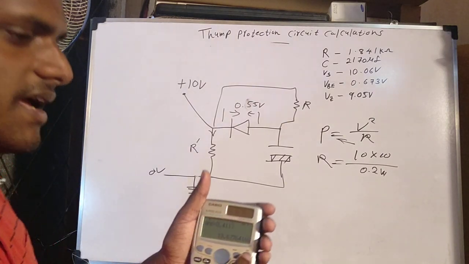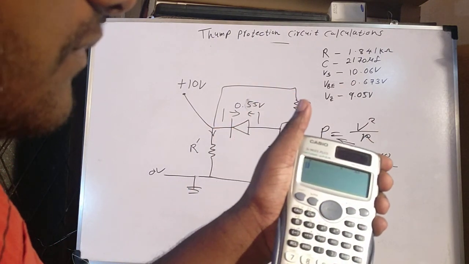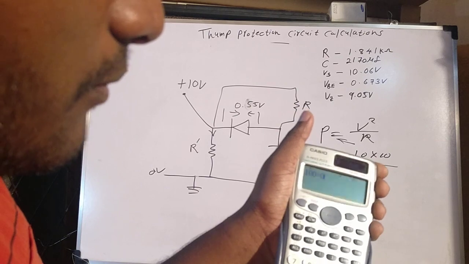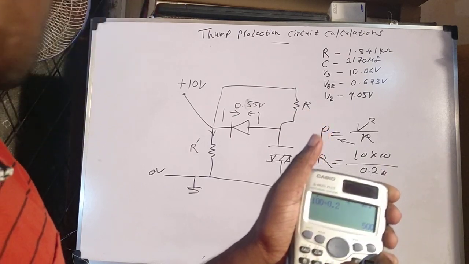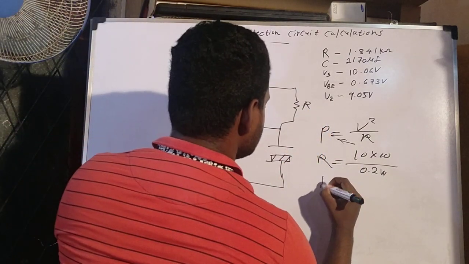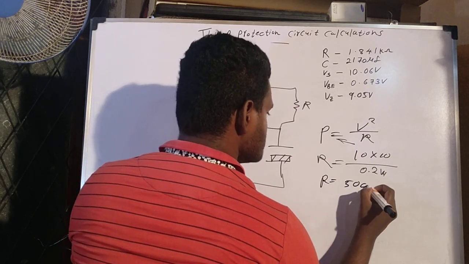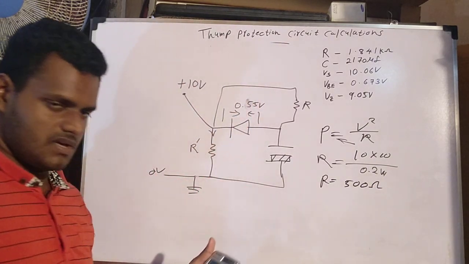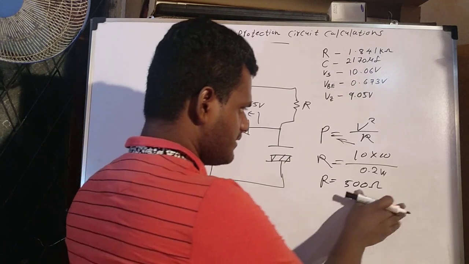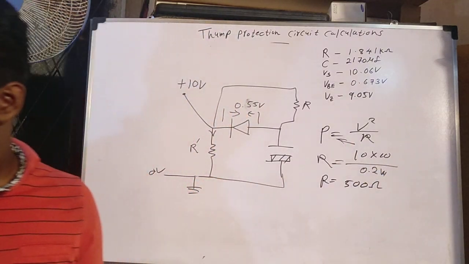Easily I can put it into the calculator: 100 divided by 0.2. What is the value? 500 ohms. Our value is 500 ohms.